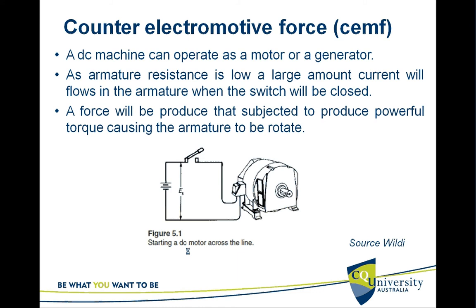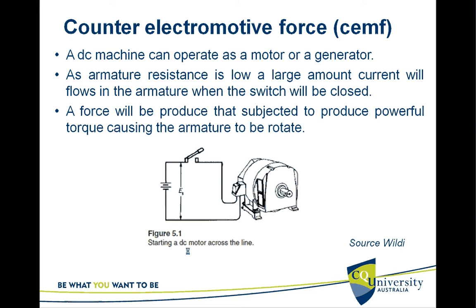And let's move on. What is counter electromotive force? A DC machine can operate as a motor or a generator. So the same thing, if you use a prime mover to rotate the motor shaft, then you operate it as a generator.